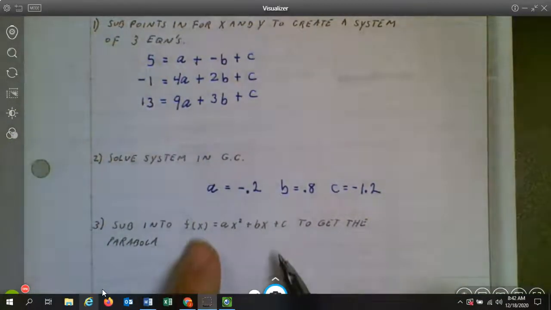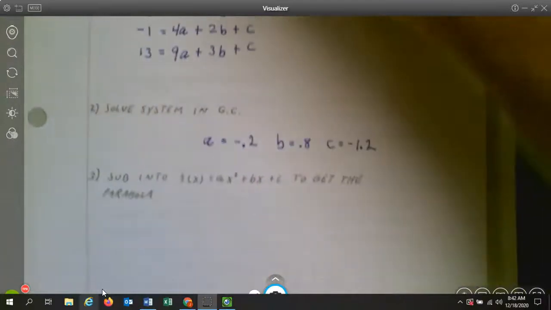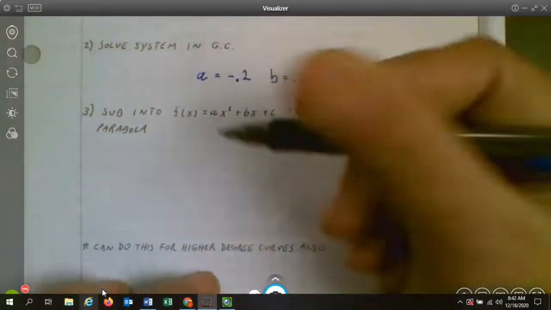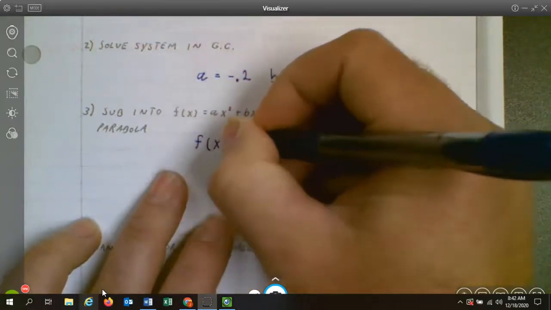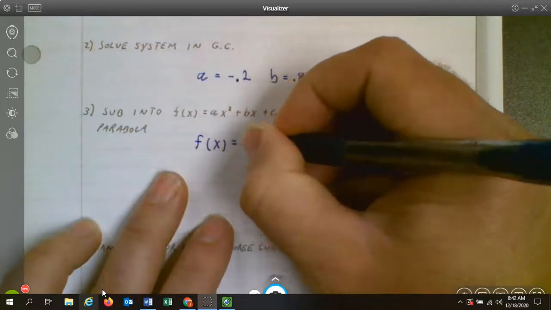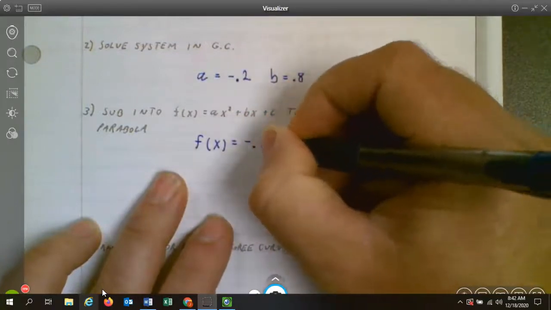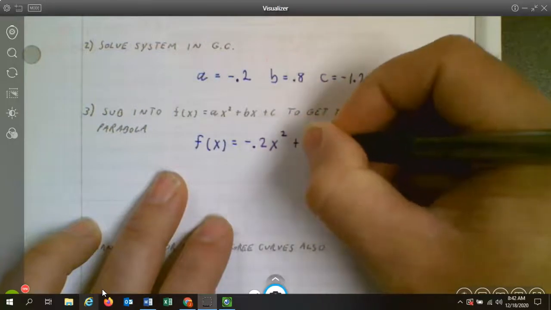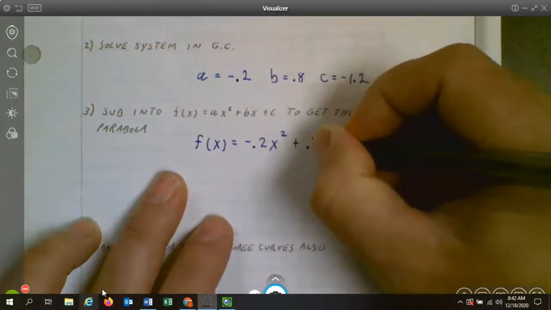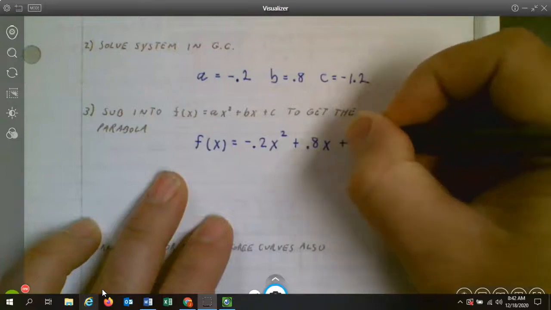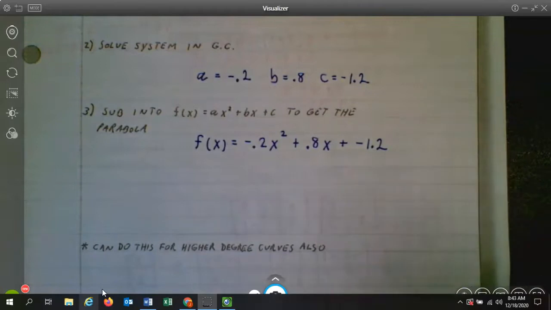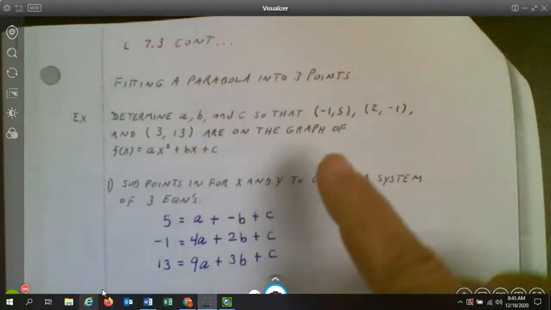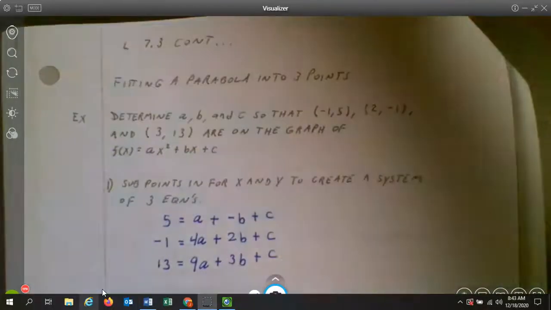And so now I can fit those back into this model, and I have my parabola. And so now, of course, if we were to graph that parabola, you would find that it does pass through those 3 points. And that's it.